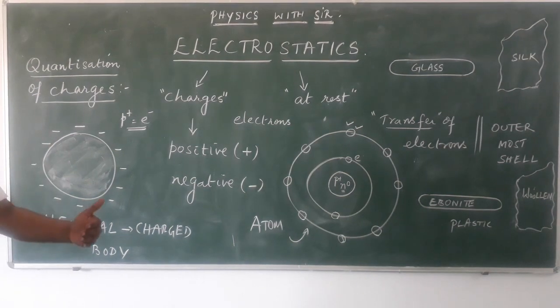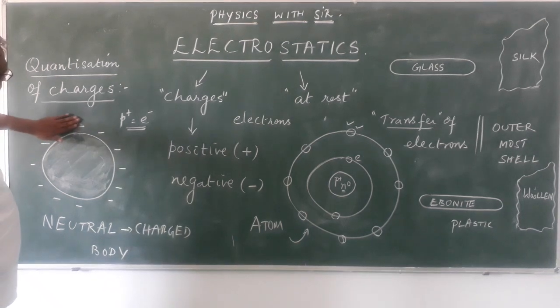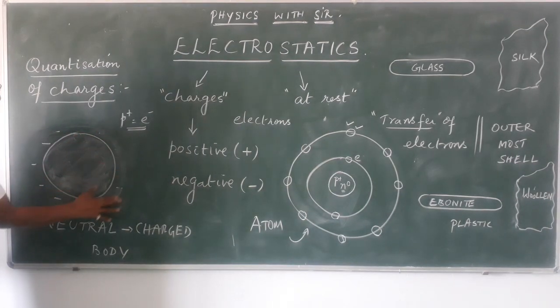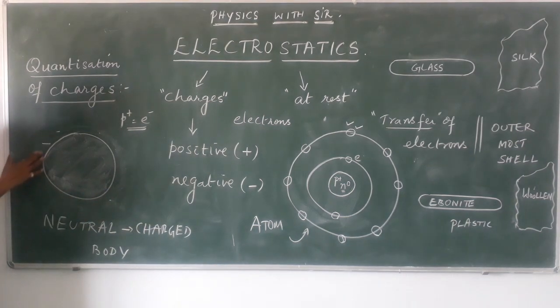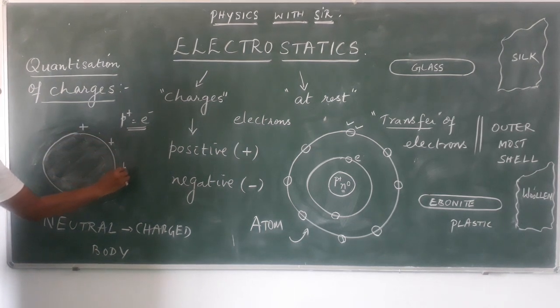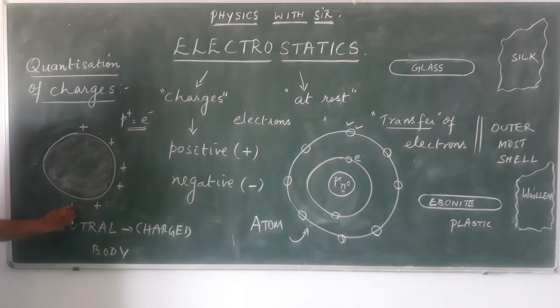The other way is, from the body you can remove the electrons. When you remove the electrons from a neutral body, then naturally it will become positively charged.